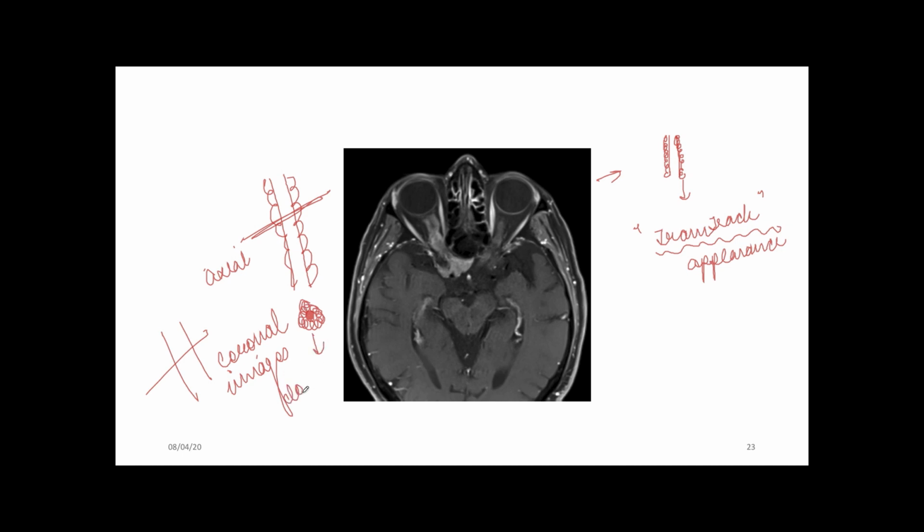This is called the donut appearance. So the donut appearance or the tram track appearance is seen in optic nerve meningioma. And remember the modality on which it is seen: contrast enhanced MRI of the brain and orbit.